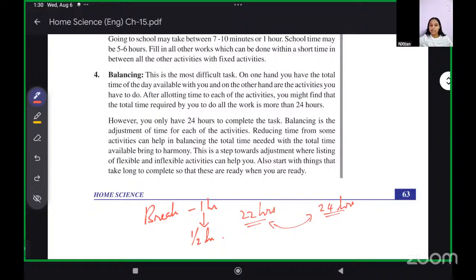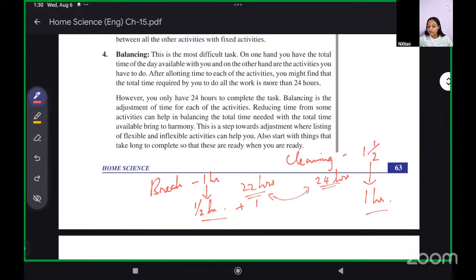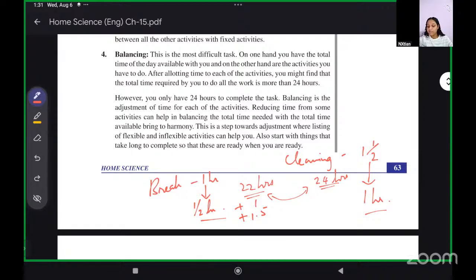If my cleaning was 1.5 hours previously, I will cut it down to 1 hour. So you'll be able to do it in lesser time, and you'll have more time.